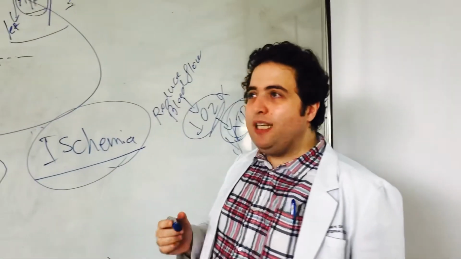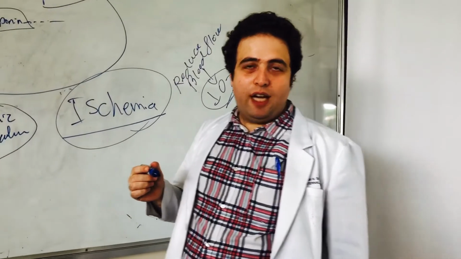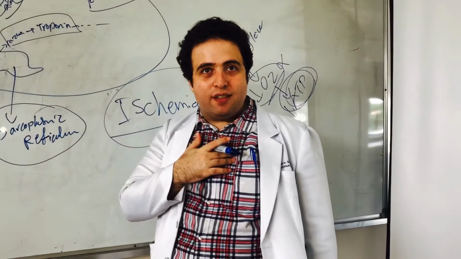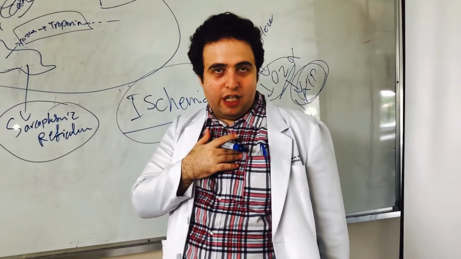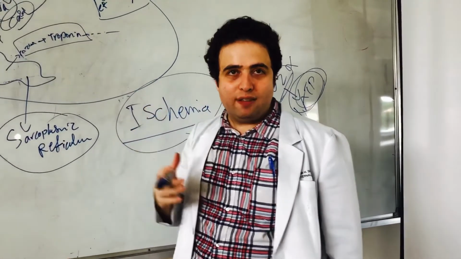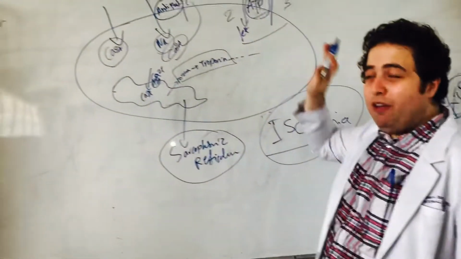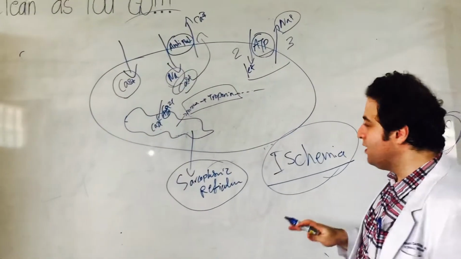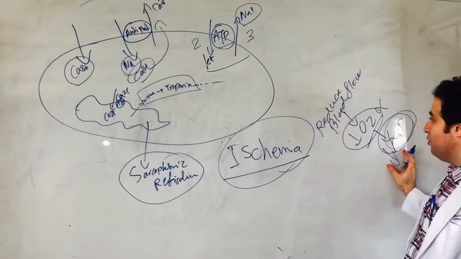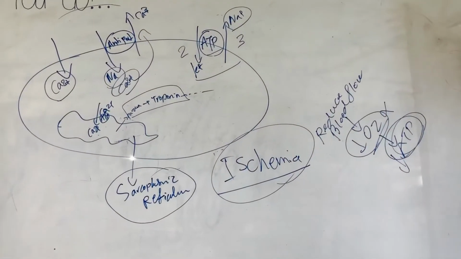When I accumulate lactic acid, what will happen? I will start to experience pain. So the pain is because of accumulation of lactic acid. Okay. So eventually this anaerobic way to produce ATP will also fail because of accumulation of lactic acid.